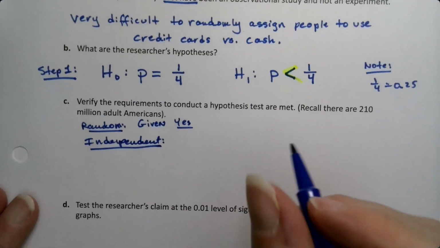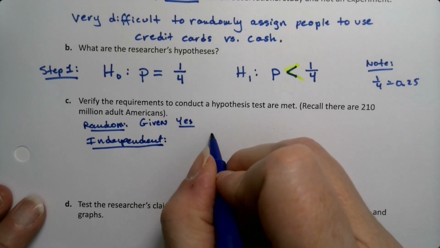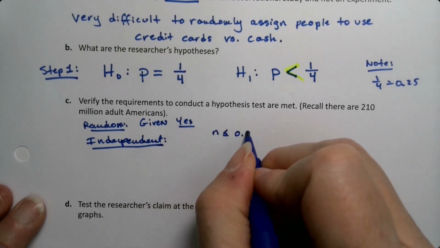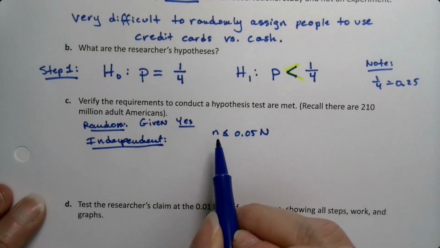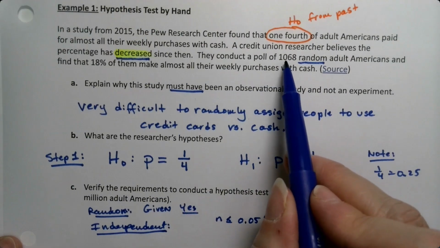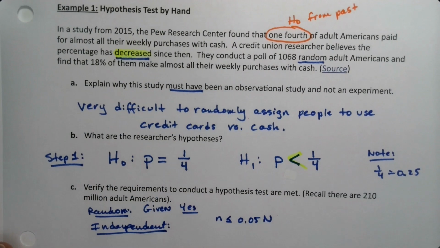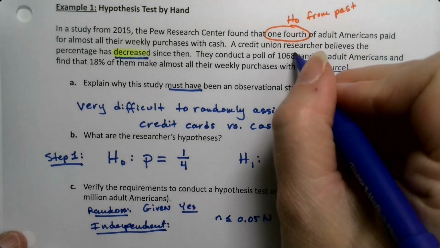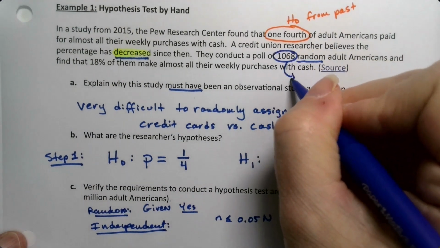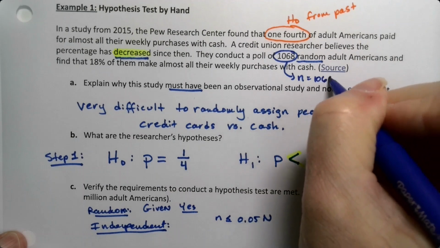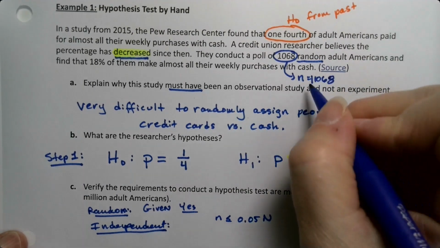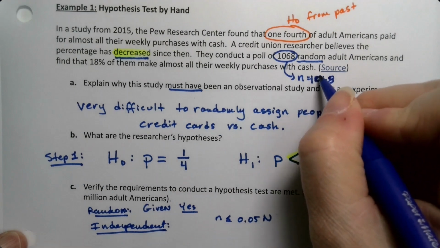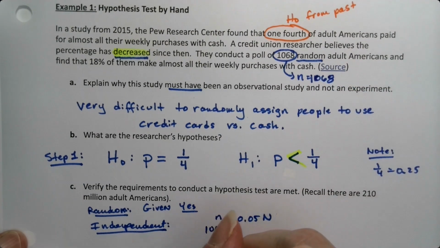All right. Well, to be independent, we need little n to be less than or equal to 0.05 capital N. Little n was the number that was in our sample, which was 1,068 adult Americans. So it doesn't hurt to kind of make a note of that. That's little n. So 1,068 is less than or equal to 0.05.